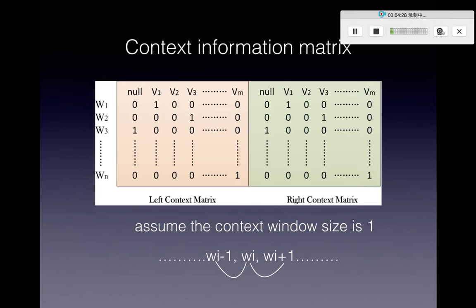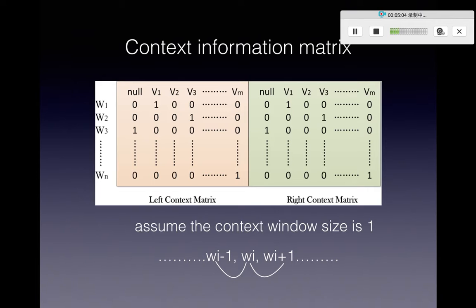Next, we will introduce the context information matrix. Like the picture shows, the context information matrix is divided into two parts, the left context matrix and the right context matrix. In these pictures, we assume that the context window size is 1, which means that for wi, we will only consider wi minus 1 and wi plus 1.